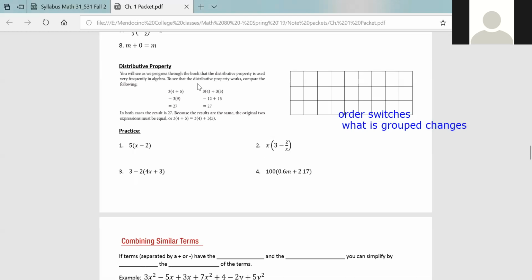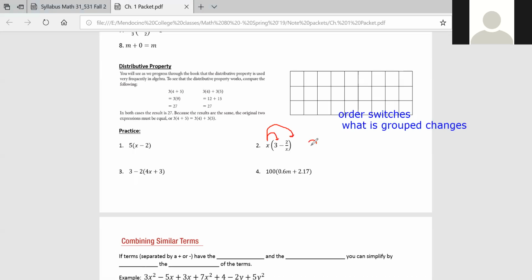So to do that one, minus 2 over x. I'm always thinking, would it be 3x minus 2x? Not quite, but close.